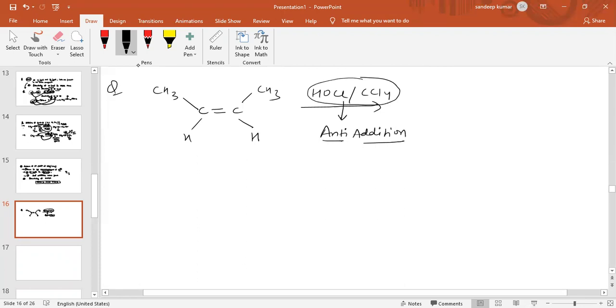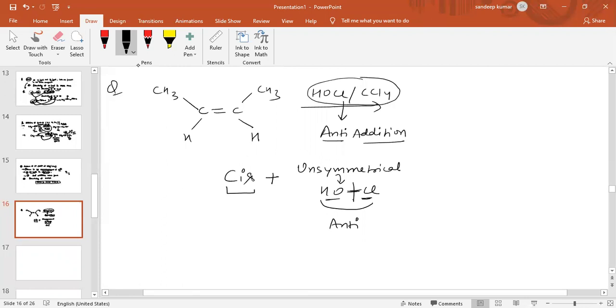When there is a cis isomer, and it is an unsymmetrical compound like this, unsymmetrical means like HOCl, where one part is OH and one part is Cl, therefore it is unsymmetrical, and the addition of HOCl follows anti-addition.